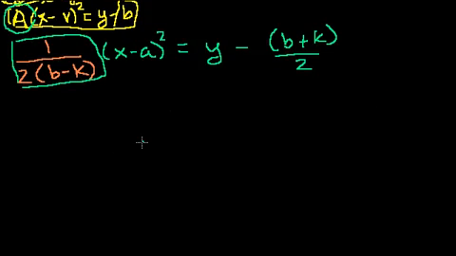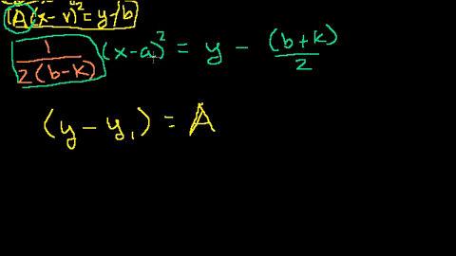Now the interesting thing to do is, let's say I have a parabola, and let me give a general form. And I'll try to use different letters than I used up here. So let's say I have a parabola y minus, let's call it y1, where it's just a particular point on the parabola. y minus y1, or you could call it some constant, is equal to, I want to use a capital A, just know that it's different than this lowercase a.